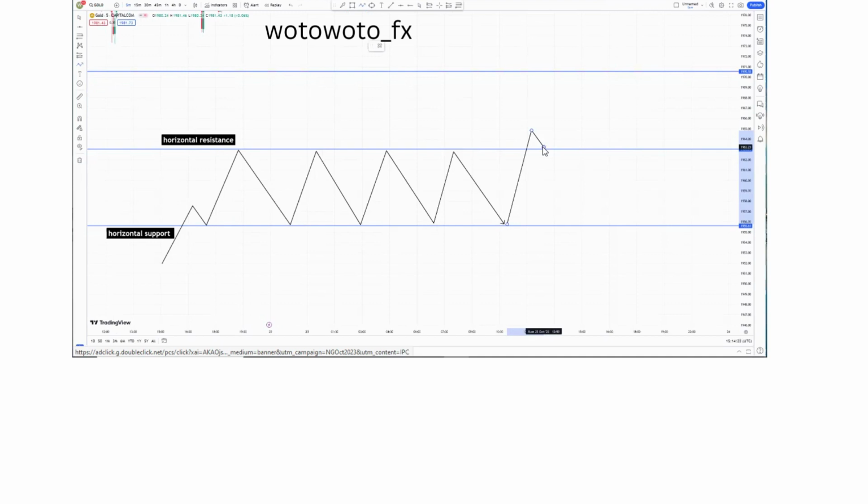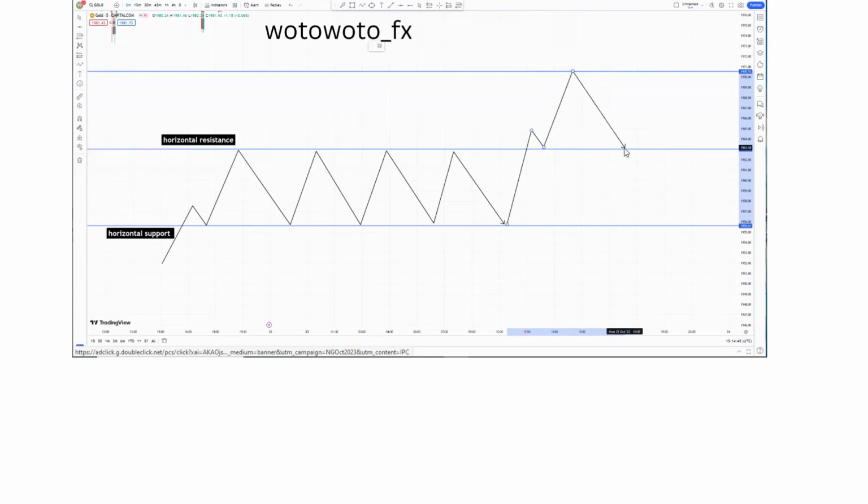So now, when it taps here, it's tapping as a support level. Then when it goes up to the upside and taps here and begins to come back, it is said to be a resistance. That's a new resistance.